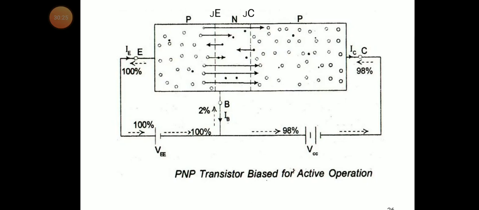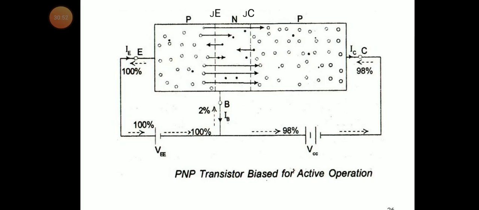The diagram also represents the width and the concentrations of the layers. The emitter is the layer which emits the carriers, and its doping concentration is high, so the P layer is filled with the majority charge carriers.